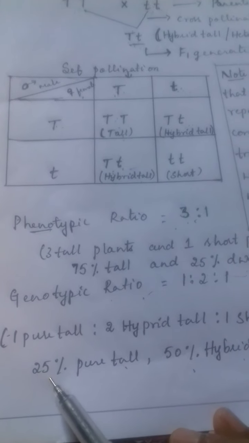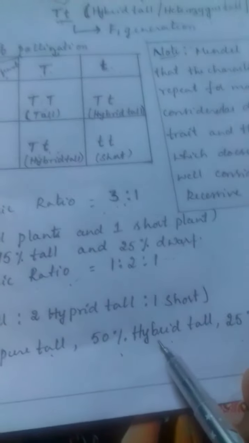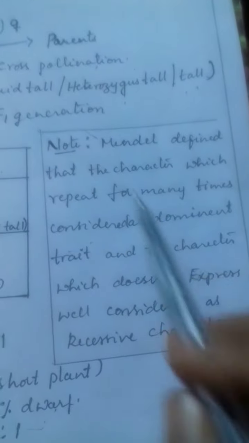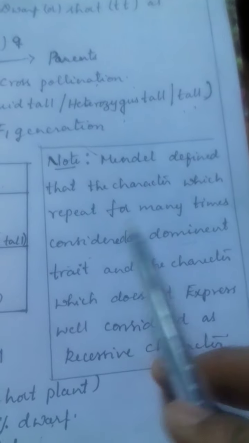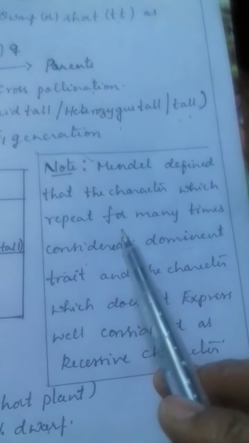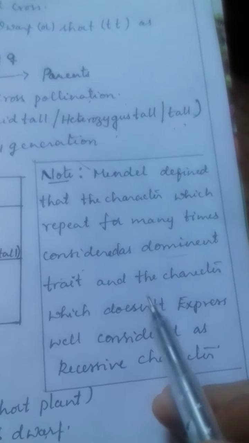The percentage is 25% pure tall plants, 50% hybrid tall plants and 25% short plants. By getting continuous characters, the tall gave a higher percentage in the result, so it is taken as the dominant character and the short is taken as the recessive character.